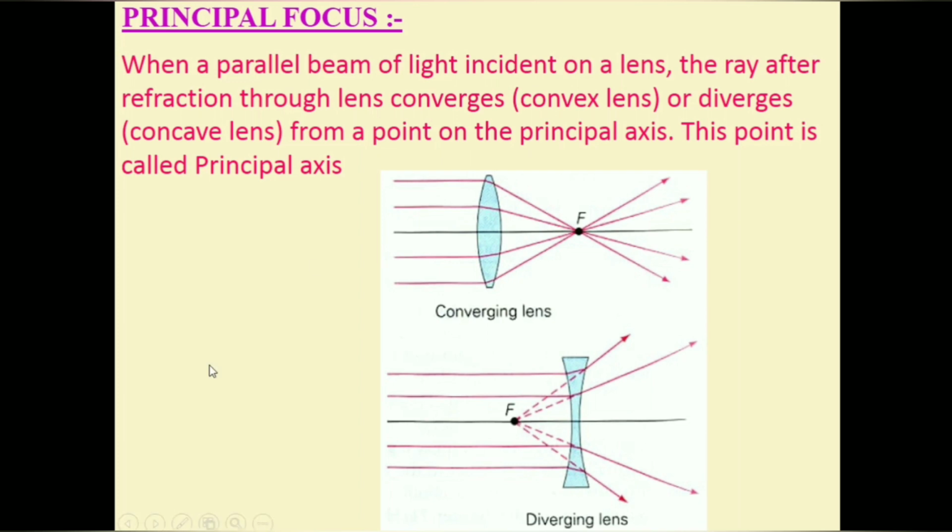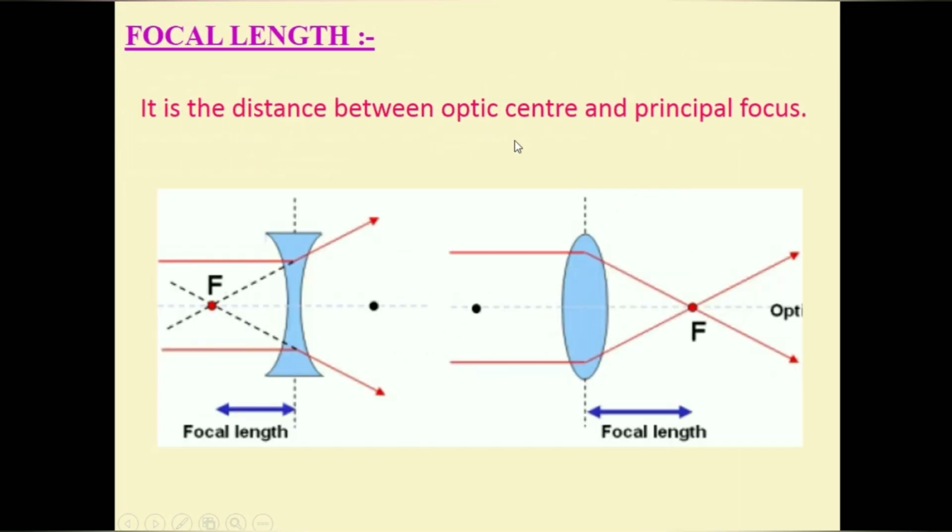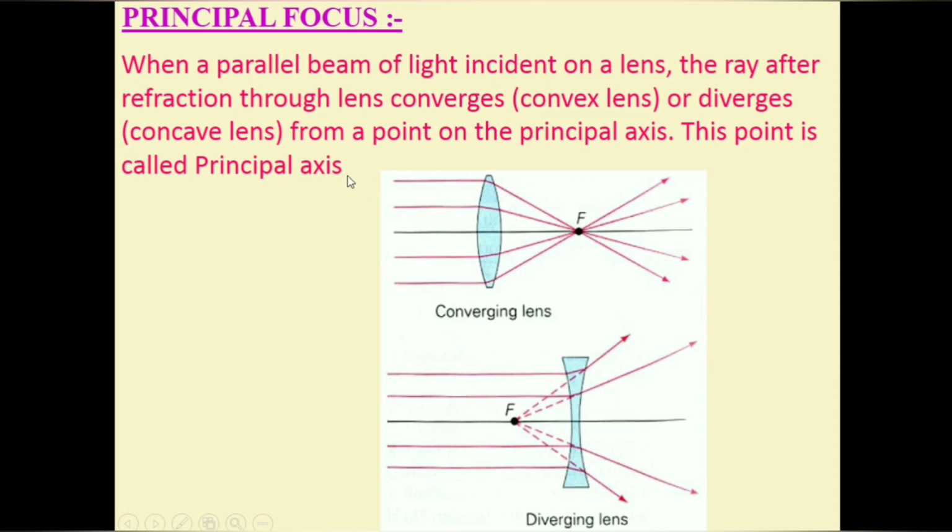What is principal focus? When a parallel beam of light is incident on a lens, the ray after refraction through the lens converges or diverges from a point on the principal axis. So this point is called principal focus.